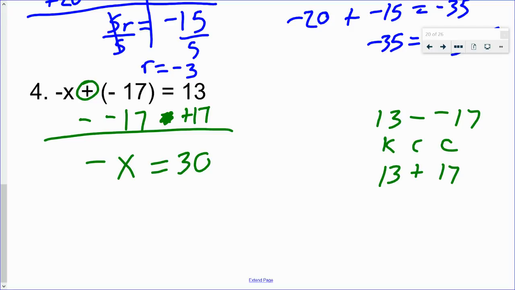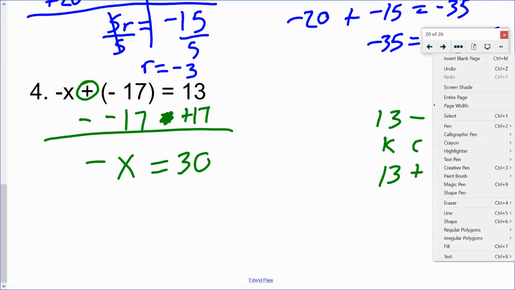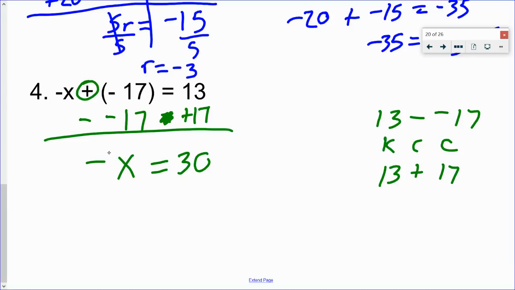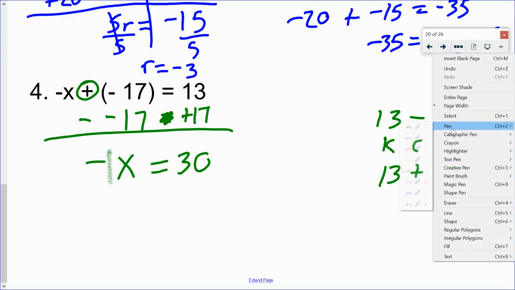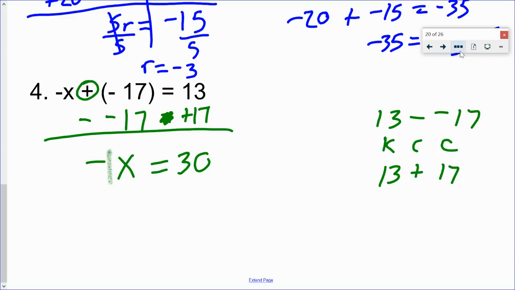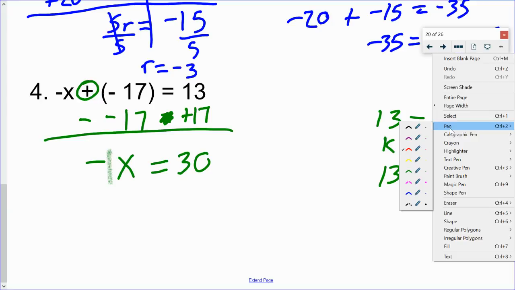Now remember that little negative, what number is technically in front of it? The invisible negative 1. Oh, it's still just being funky today.